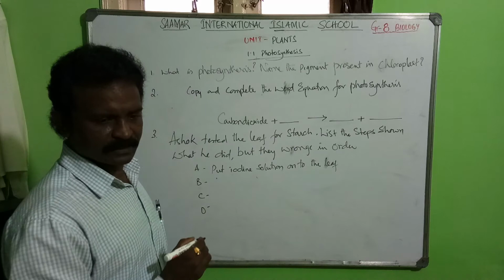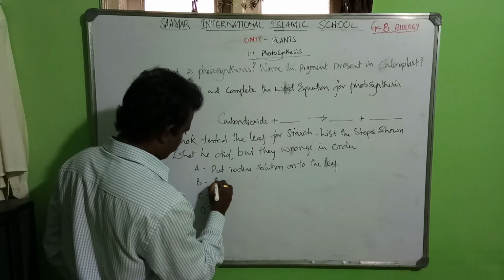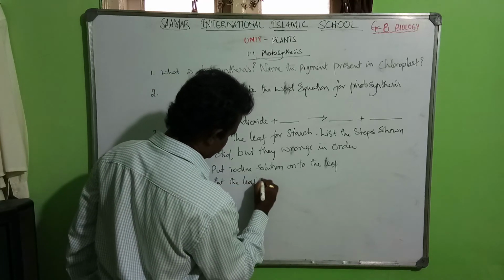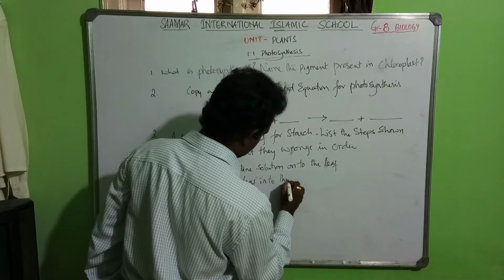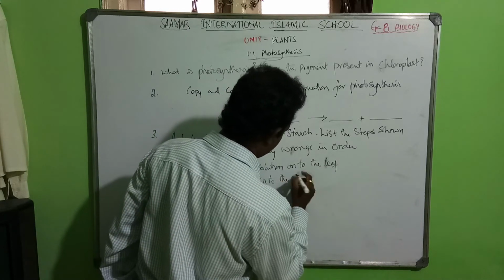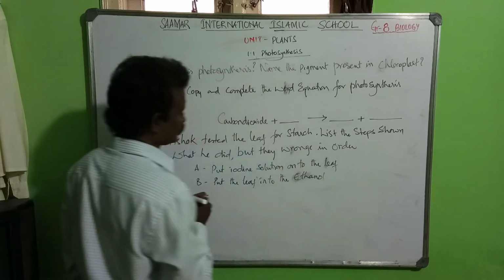Second one, B: Put the leaf into the alcohol. That is ethanol. I'll write ethanol. Ethanol is your alcohol. Clear?